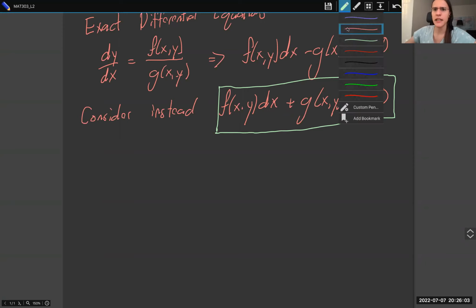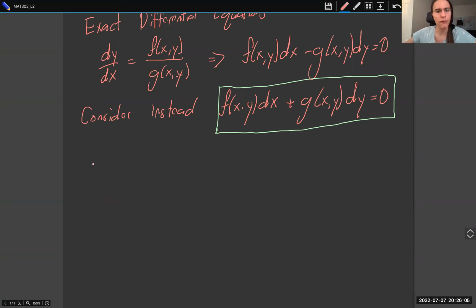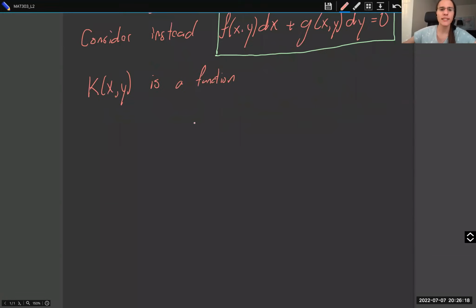Now, suppose k of x, y is a function. Then there is something known as the total derivative. If you've taken calculus 3, you will have encountered it. I'm not sure if calculus 3 is a prerequisite to this course, but it doesn't matter because I'm going to tell you what this is.